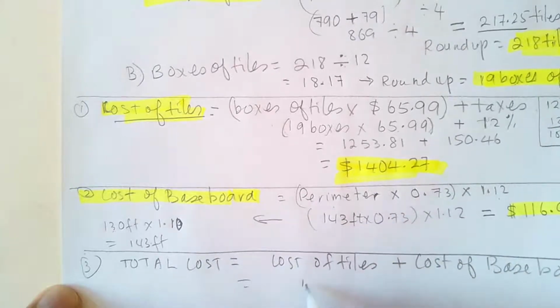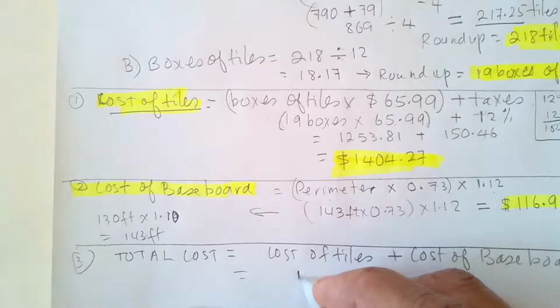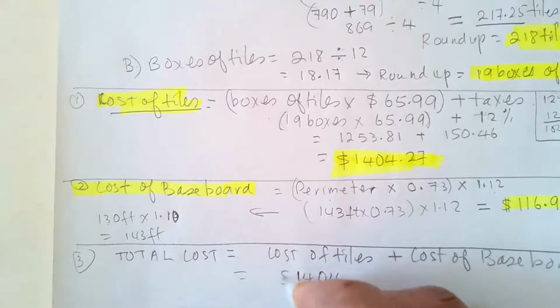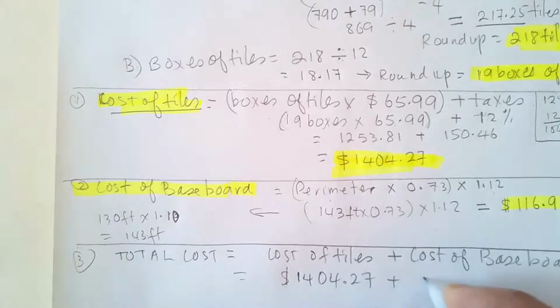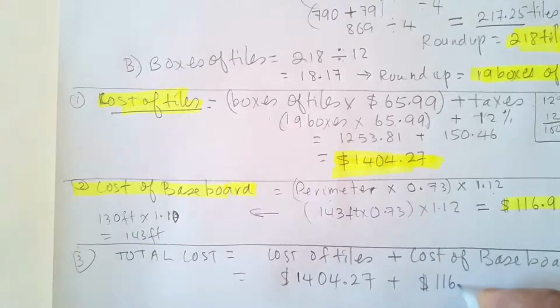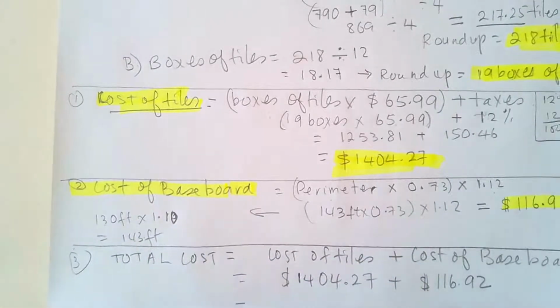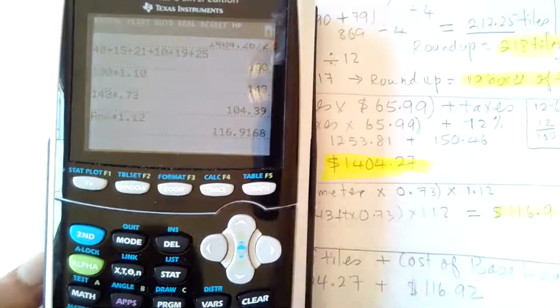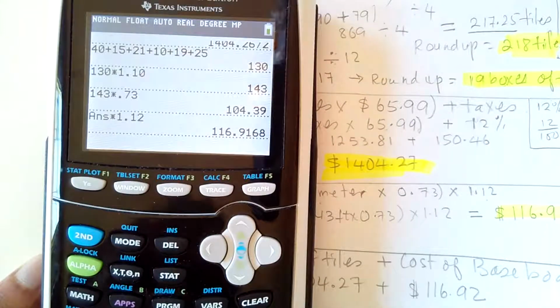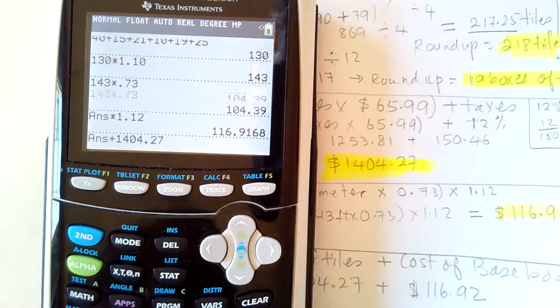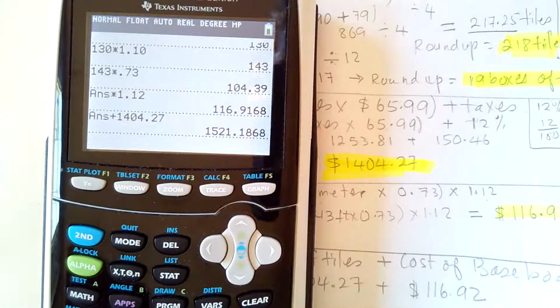Cost of tiles is $1404.27. And the baseboard is $116.92. Add the two numbers together. What do we get? $116.92 plus $1404.27 gives me $1521.19.